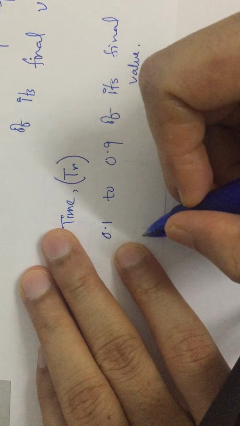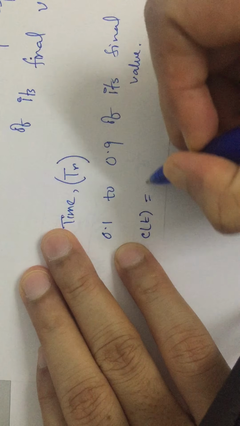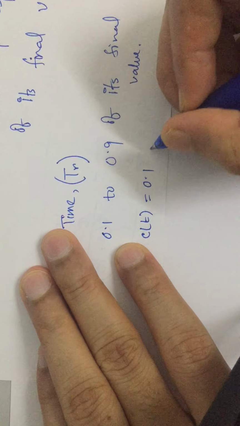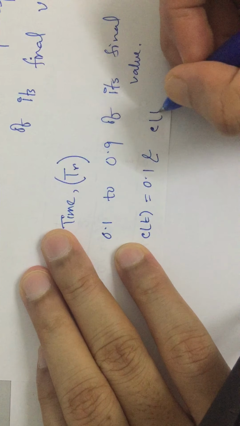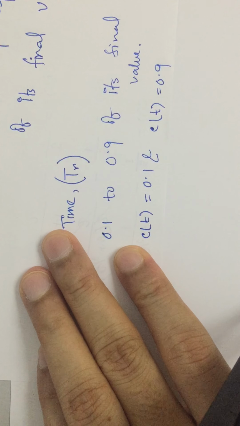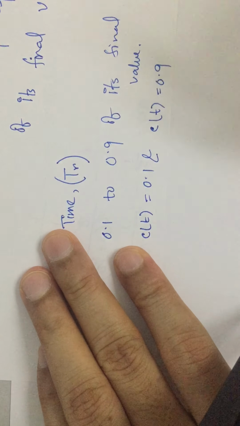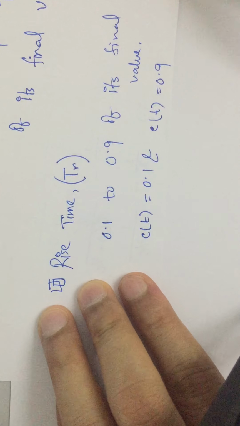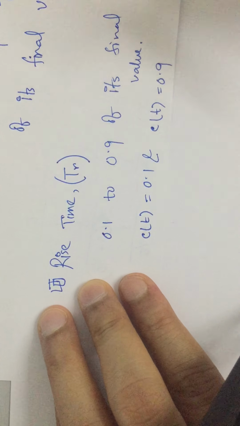It means that for C of t you have to consider 0.1 and C of t 0.9. And for the rise time you have to find the difference, because in between is the rising.